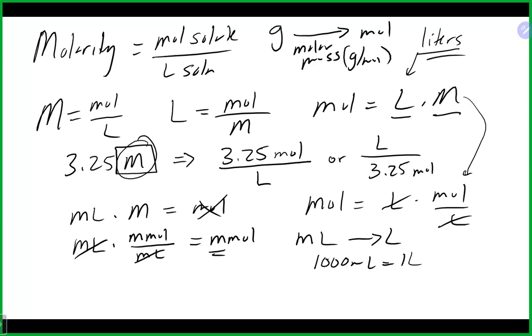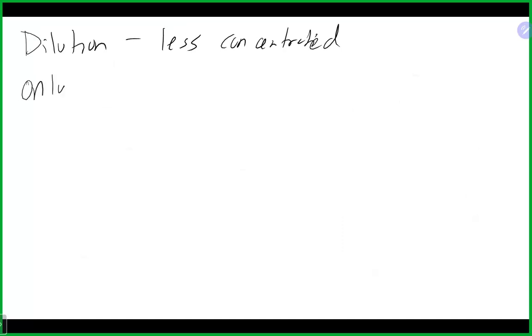Now, speaking of solutions, concentrations, and dilute and concentrated solutions, a lot of times we do a dilution to make a solution less concentrated. When we do a dilution, the only thing that's added is more solvent.